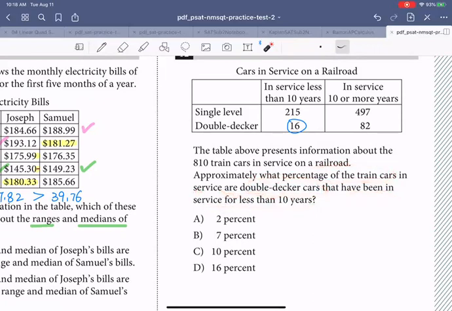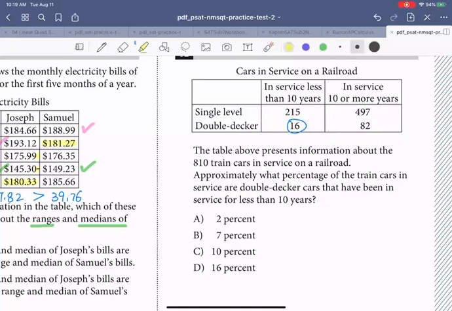They are asking you, in service for less than 10 years, and also belong to double-deck car. So you are looking for the 16 over the whole amount of double-deck cars, not 16 over the whole. Does this make sense to you?